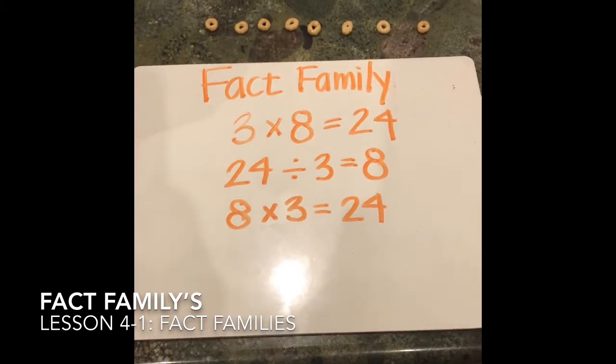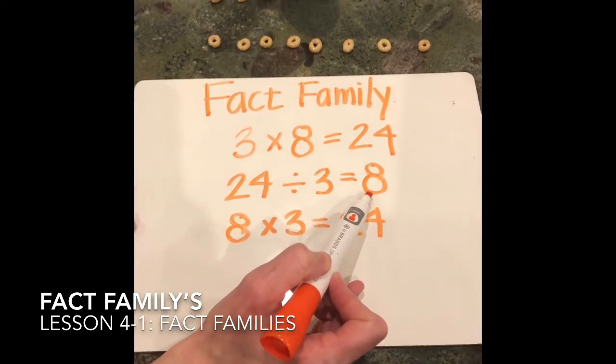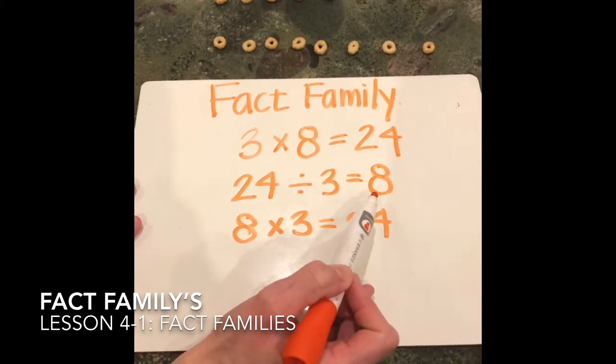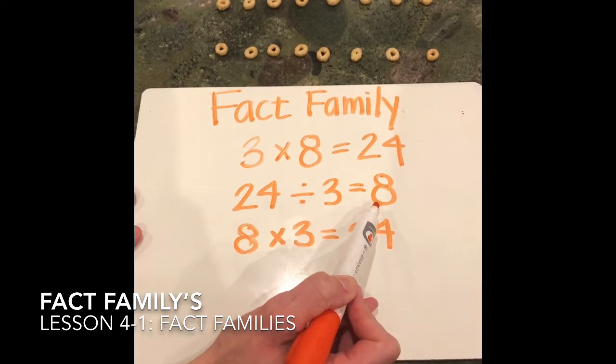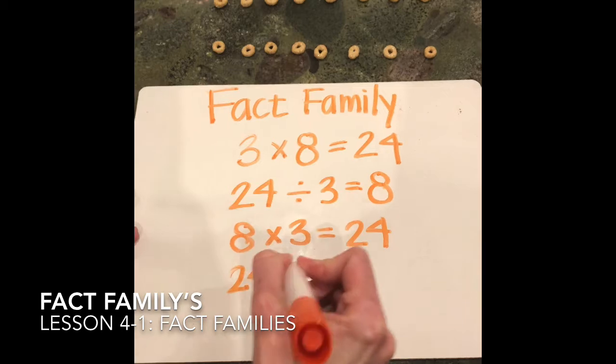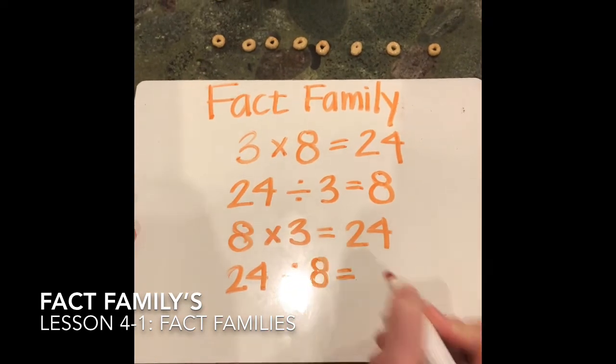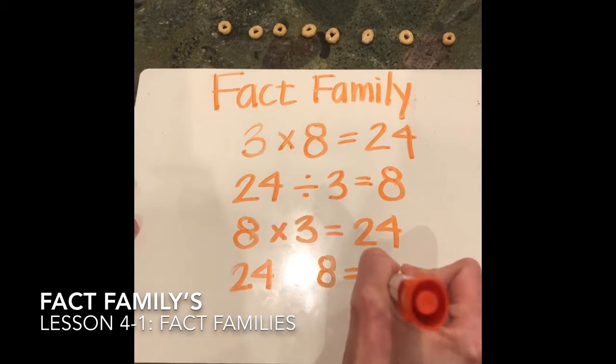Let's say that I needed to divide the 24 Cheerios into 8 equal groups instead of just 3. Let's say I had a lot of dogs that wanted Cheerios. Well, I can say that 24 divided by 8 equals, that's right, 3.